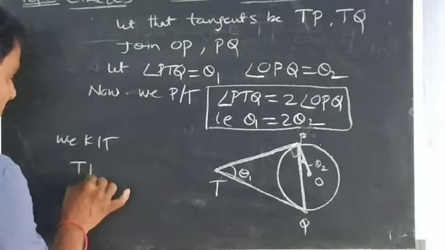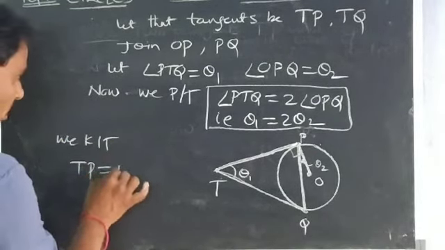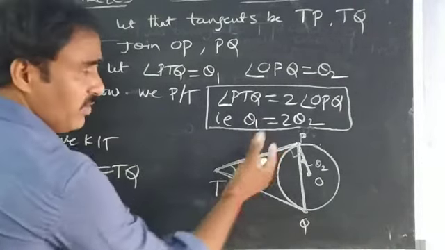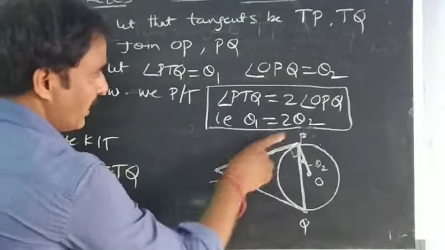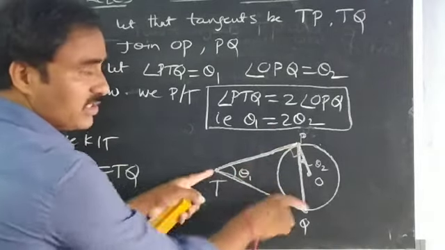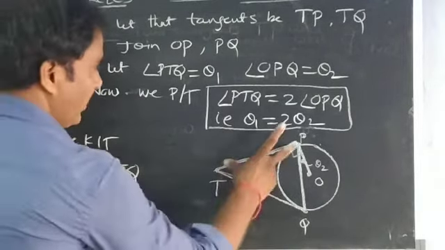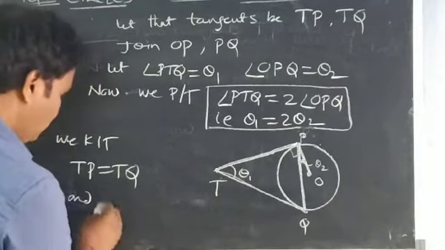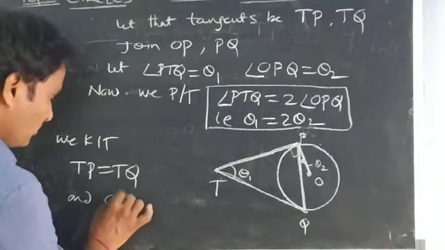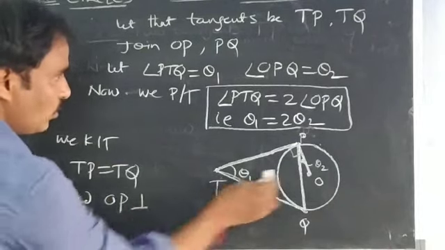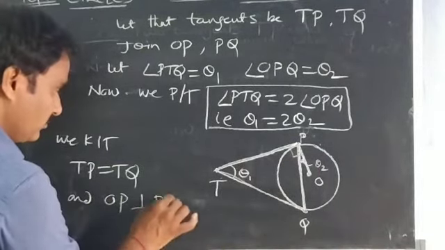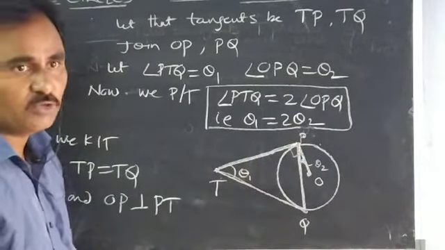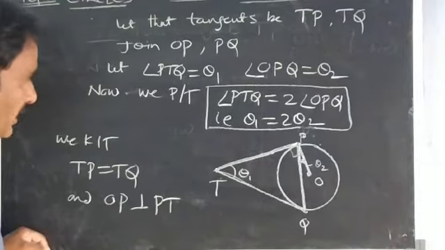Already we proved that two tangents drawn from the external point of a circle are equal. And we know that OP is perpendicular to TP.